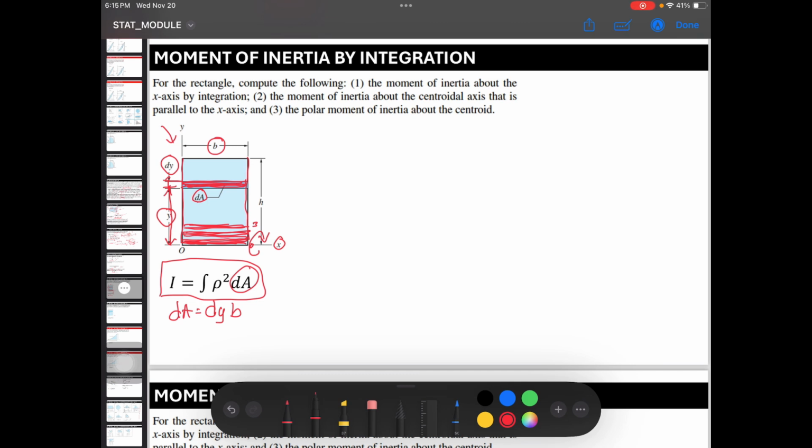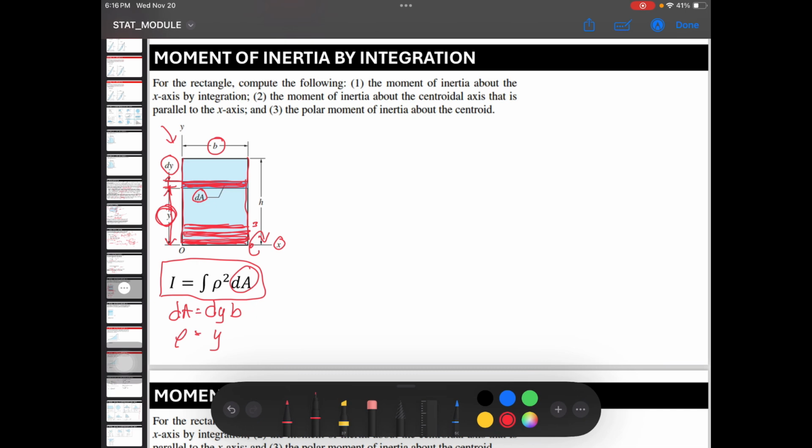Gano'n siya, paangat ng paangat yung evaluation, tapos sinasum up niya. So, with that theory, ano dapat ang magiging rho natin? Ibig sabihin, our rho is still y.